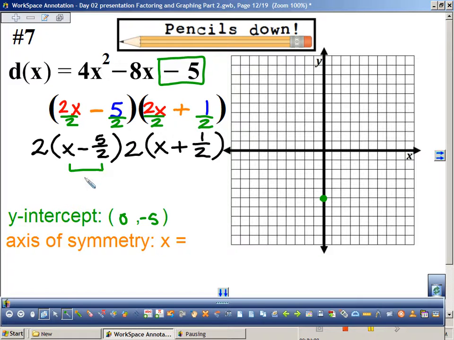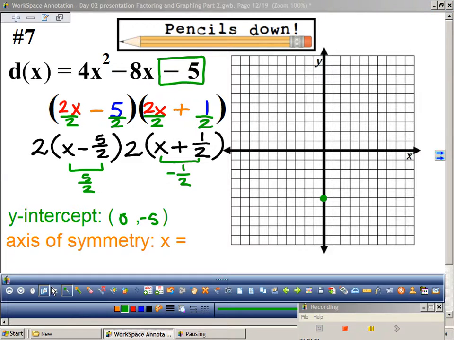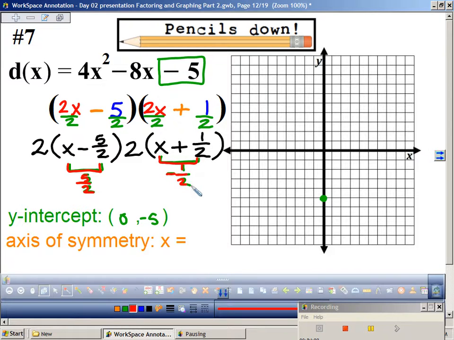So, what's my 0 over here? 5/2. And what's my 0 over here? Negative 1/2. Just so you guys can see it really well, I should have made these different colors. 5/2 and negative 1/2. I'm going to count by halves.